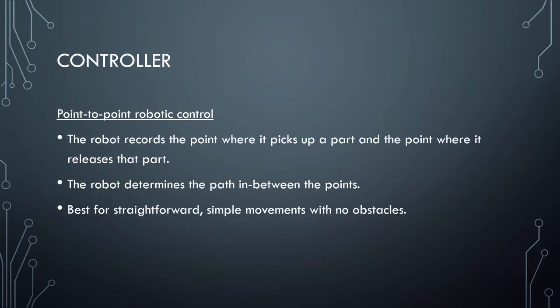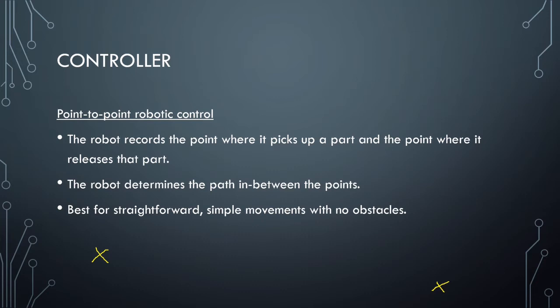In a point-to-point path, the robot is typically receiving input as to the start and the finish point with nothing in between. So a robot might be told to start here and to end here with no instruction for movement in between. The robot would record the points of these yellow X's, but it would determine the path in between them.